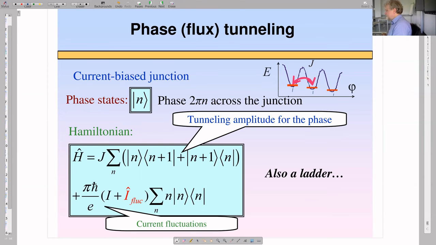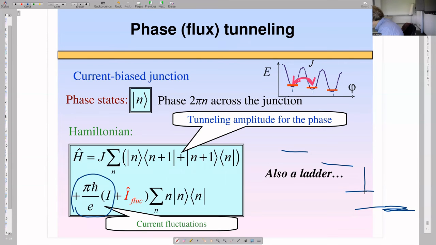First of all, let me pay attention to the fact that the applied current makes the states a ladder. I write it here, an equidistant ladder separated by an energy difference proportional to the current. Good.